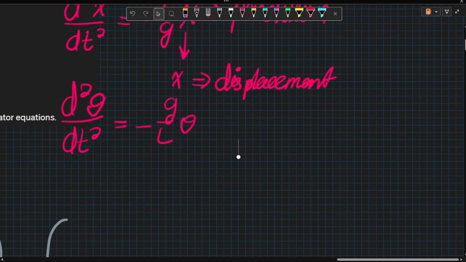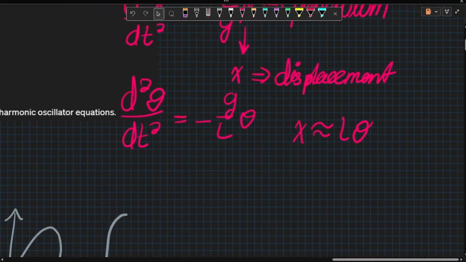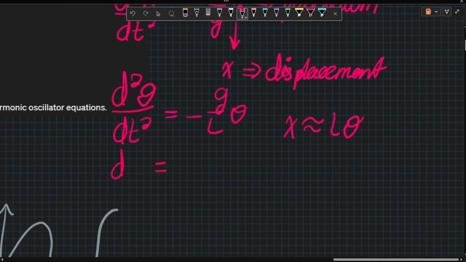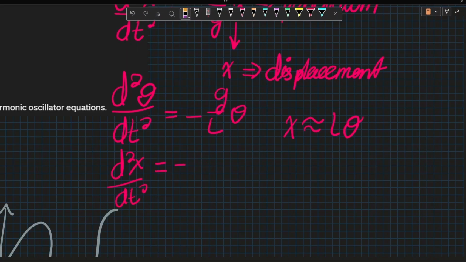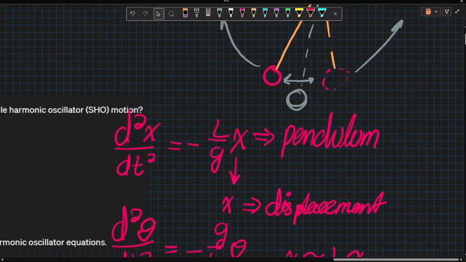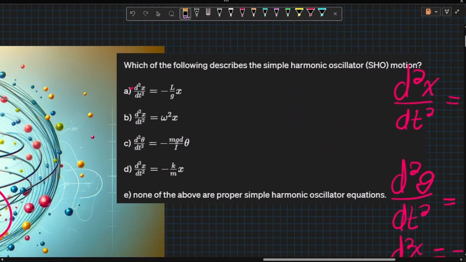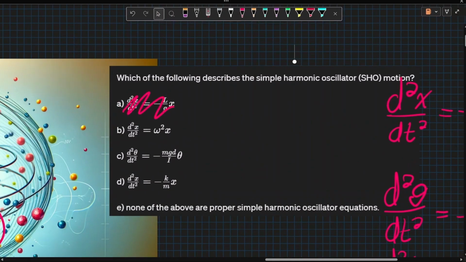If we approximate this as L theta, then we get what we had before: d squared x over dt squared is equal to negative, not L over G. Thus, this first equation is not one of our options. Let's move to our next equation.